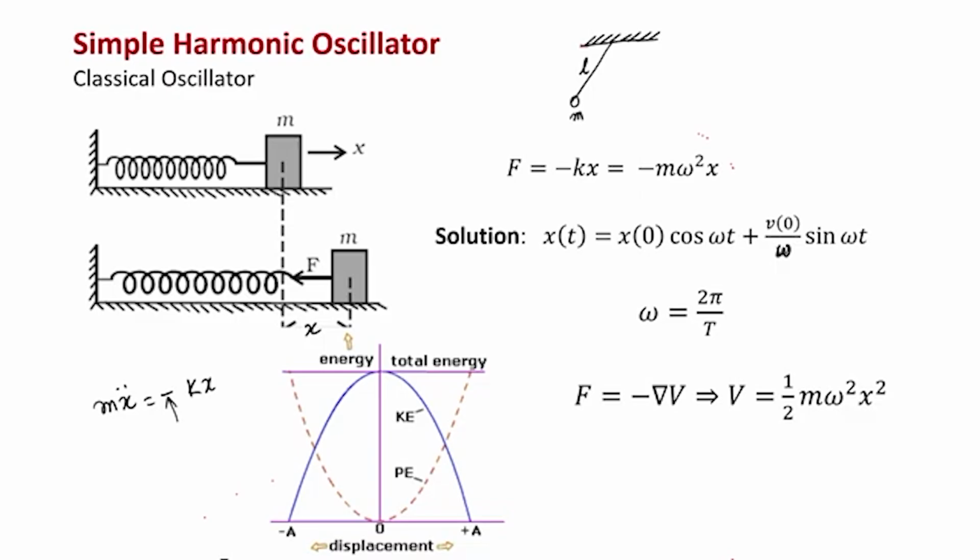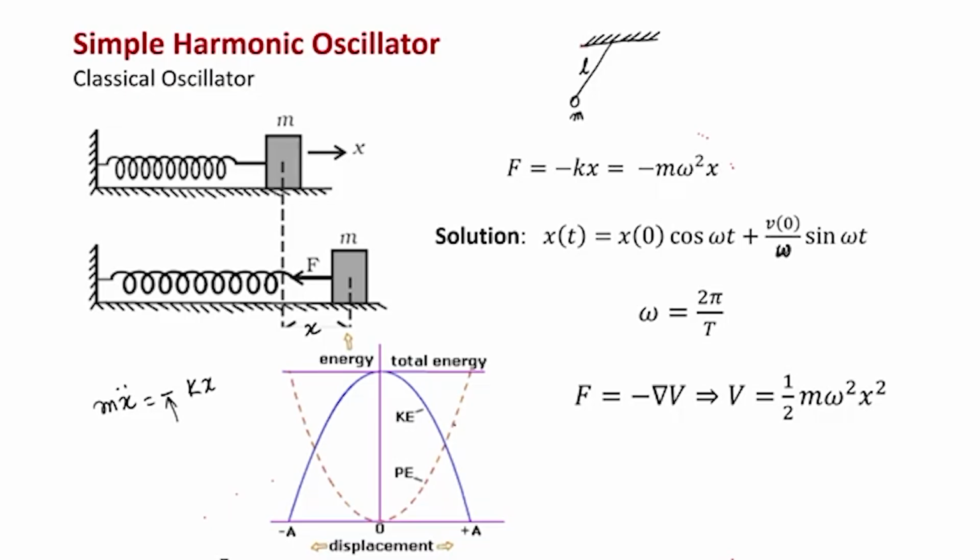Then it will again go towards the equilibrium position and overshoot it on the left, and this motion will keep going on, and the potential energy will show a parabolic increase with displacement.